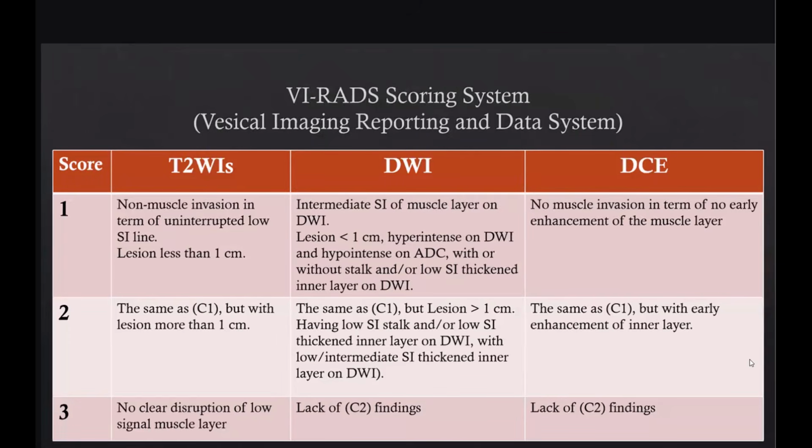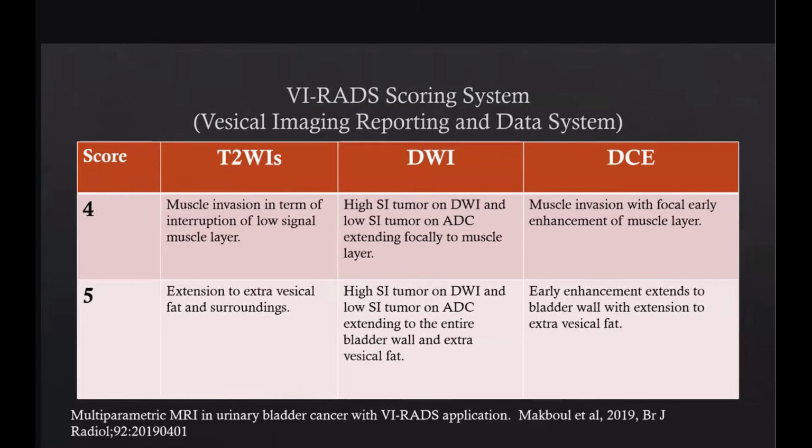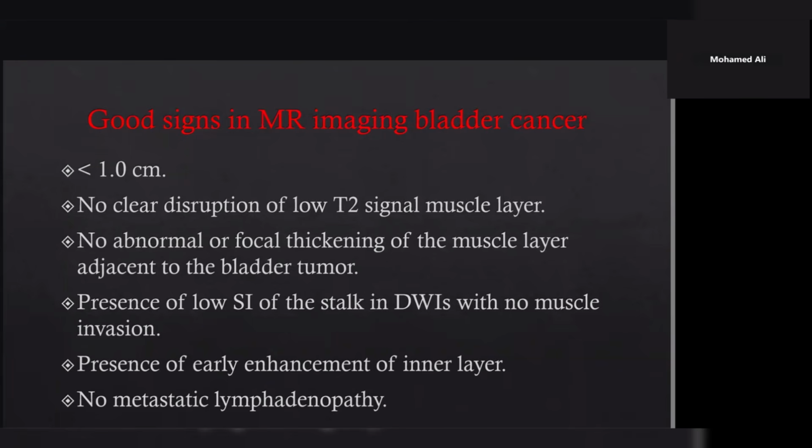As you can see here, those are the different scores of VI-RADS, as we described before. If you want to read it carefully, the same points that we discussed. I tried to collect the good signs in MRI imaging of bladder cancer.